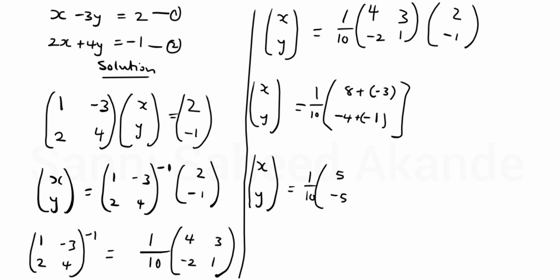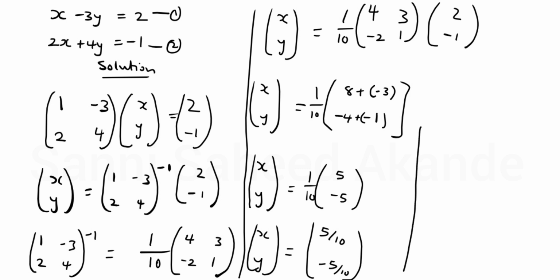So we have x and y equal to 1 over 10 times 5, which is 5 over 10. Then 1 over 10 times -5 will give us -5 over 10. Finally here we write x, y equal to, 5 goes into 5 one time, 5 into 10 is 2.